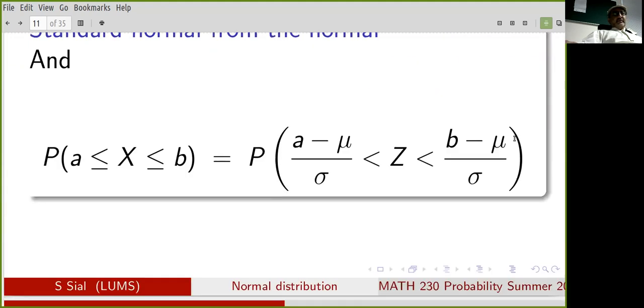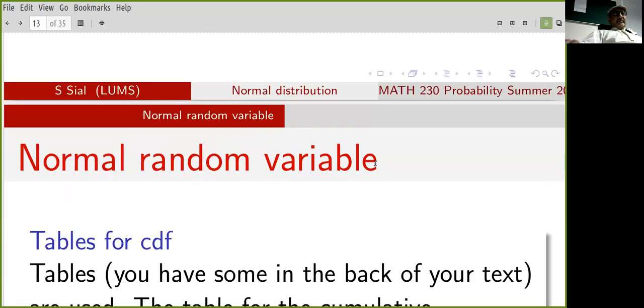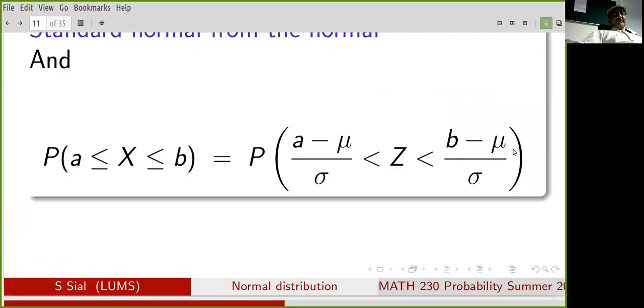Remember, what is this? This is given by the CDF, the cumulative distribution function. So this probability is the cumulative distribution for B minus mu over sigma minus the cumulative distribution evaluated at A minus mu over sigma.